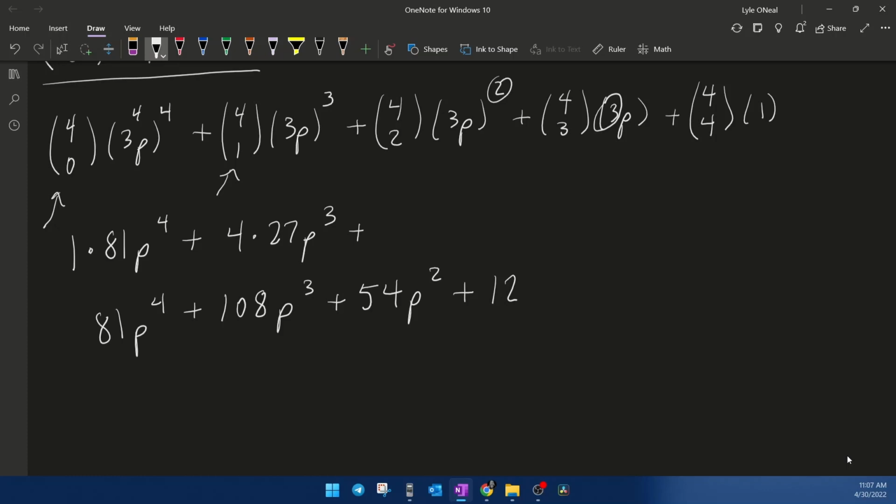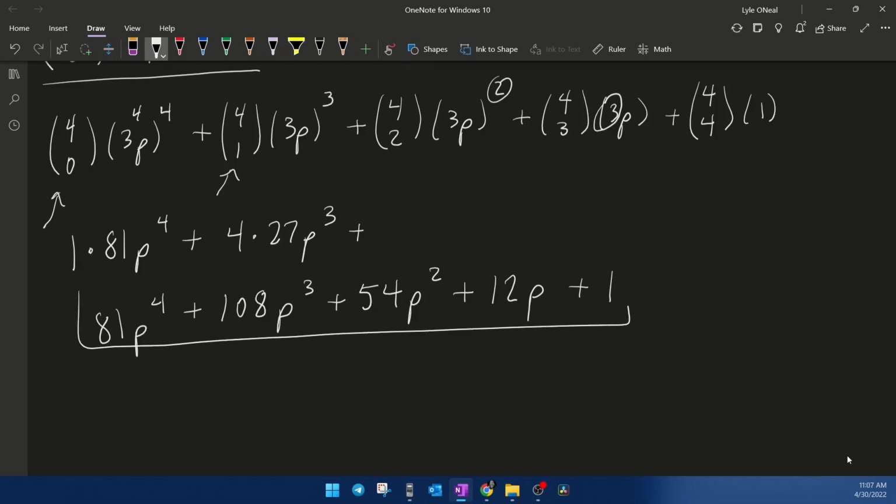And then we have p to the 1, which is p. Did you notice that my exponents are descending in order as they should? 4, 3, 2, 1, and none. So our next term will be the constant. 4 choose 4, which is 1, times 1, which is 1.